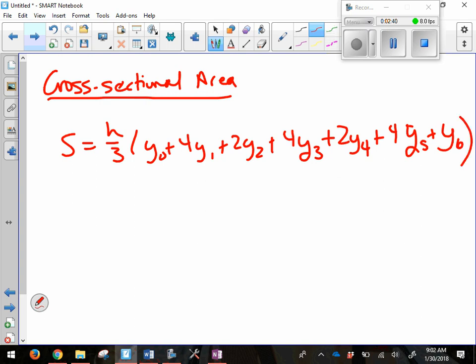And what's h going to be? h is 1. All right, because they told us that the horizontal spacing, that space between the y values was 1 foot. So we can substitute all our values in here, and you can do that too. I'm going to leave off the feet.